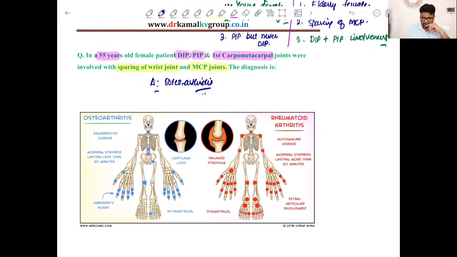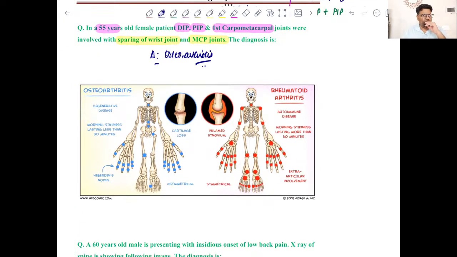Now I have kept an image just to discuss a little bit of the differences between osteoarthritis of the hand and rheumatoid arthritis. Now we call it osteoarthritis, but actually it is not an inflammatory pathology. So in real terms, this is a misnomer, right? Because we know that whenever there is the word itis, it means inflammation, but in osteoarthritis there is no inflammation as such.